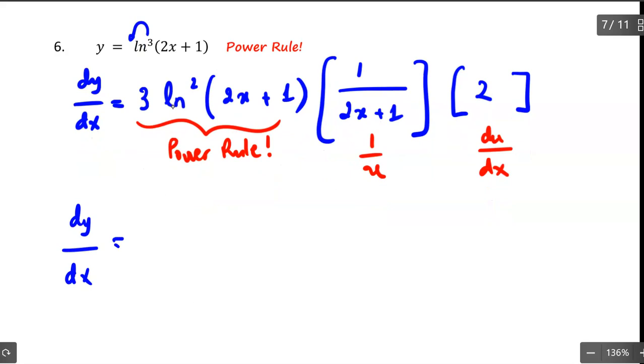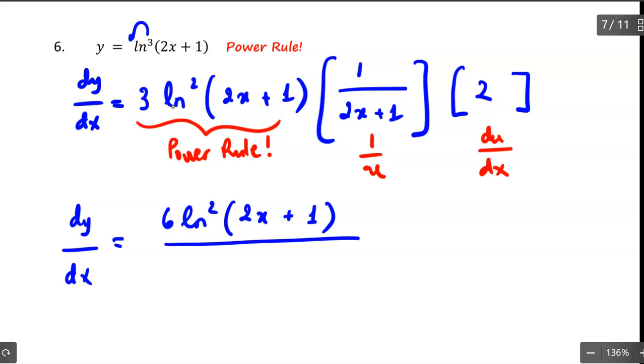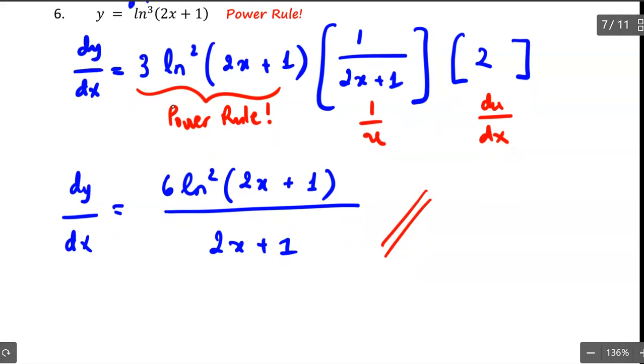In the end, when we simplify, we have 6 ln squared of 2x plus 1, the whole thing divided by 2x plus 1, as the final answer. So make a note here that for ln to the exponent 3, we have to apply the power rule.